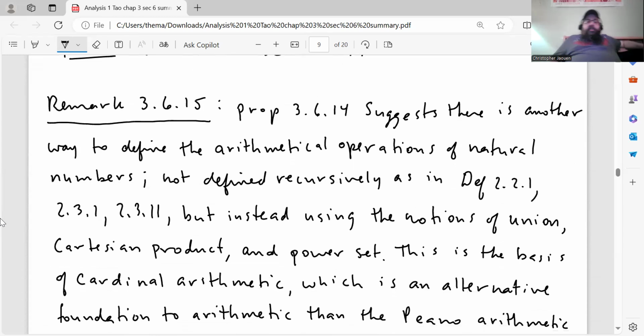Okay, we're almost done. There's just a couple more things to say. Remark 3.6.15. Proposition 3.6.14 suggests there's another way to define the arithmetical operations of natural numbers, not defined recursively as we did in chapter 2, so definitions 2.2.1, 2.3.1, and 2.3.11, but instead using the notions of union, Cartesian products, and power sets.